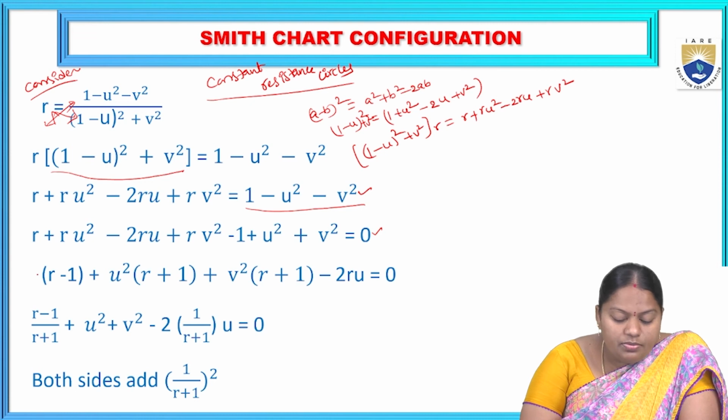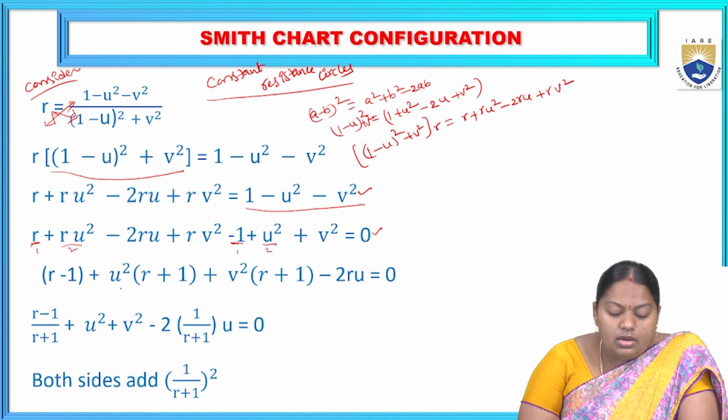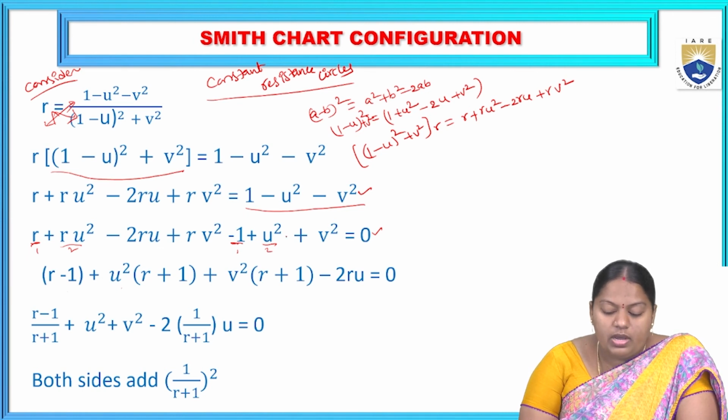Now from this, r and 1, the constant terms, give r minus 1, right? And if you take u square as common, between these two terms, r plus 1.